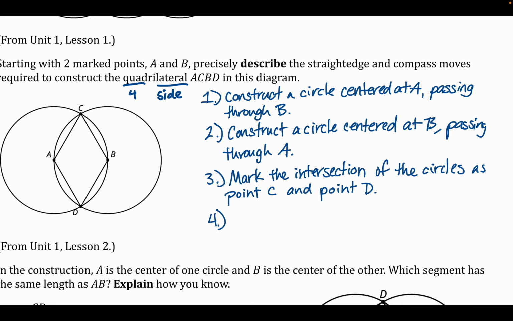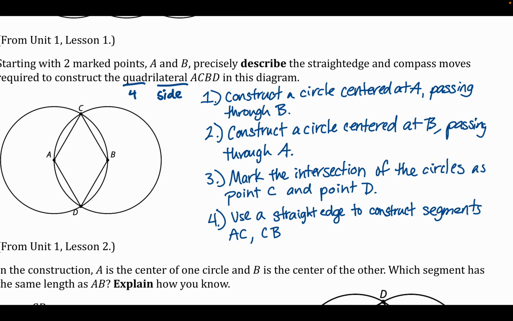So we're going to say use a straight edge to construct segments AC, CB, BD, and DA. And those are the four segments around the outside.